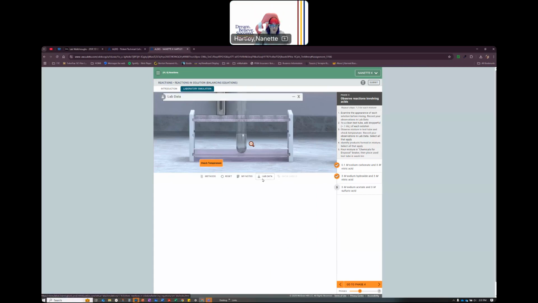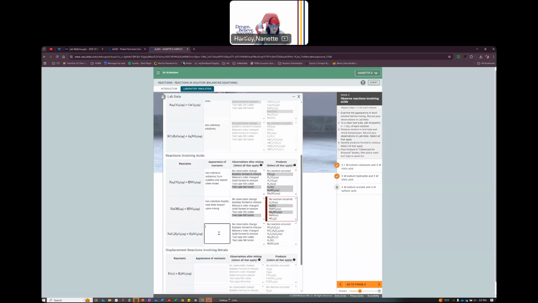Two colorless liquids, temperature change, mixing. So there's no observable change here.